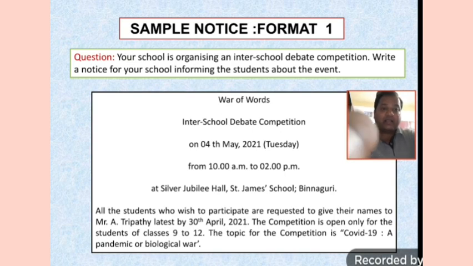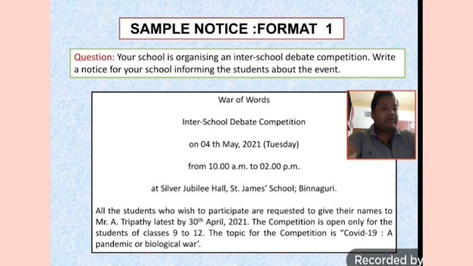Then leave one line, come to the extreme left hand side and write the other essential details or information. For example, I have written: all the students who wish to participate are requested to give their names to Mr. A. Tripathi latest by 30th April 2021.